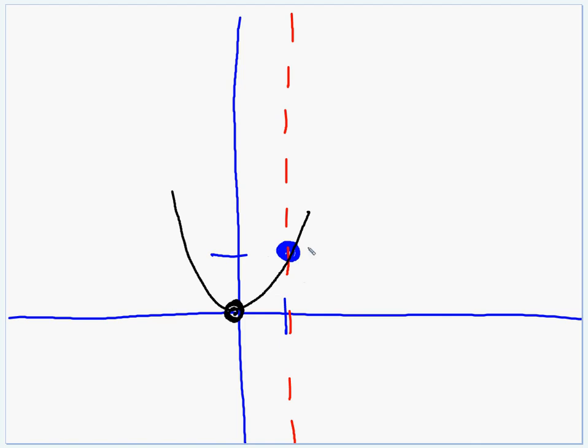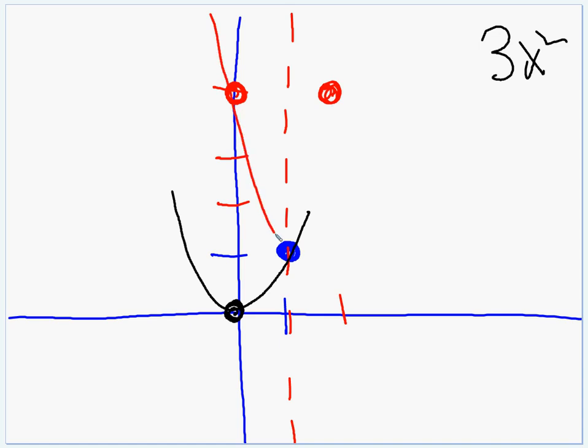But now our vertex is this blue dot, and instead of going over 1 and up 1, our parabola is 3x squared. So we're going to go over 1 and up 1, but multiply that by 3. From this vertex, we go over 1 more and then up to 4. And if we go to the left one, we'd also go up 4. So there we've identified where we would hit the y-axis at least. So the parabola is opening up very quickly, the vertex is at 1, 1, and we have our axis of symmetry.